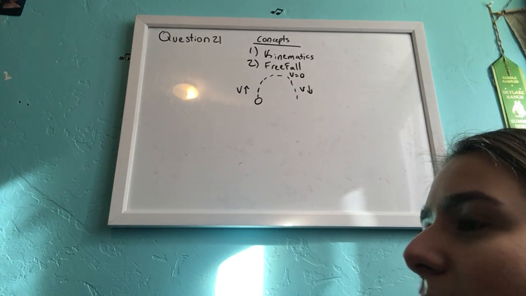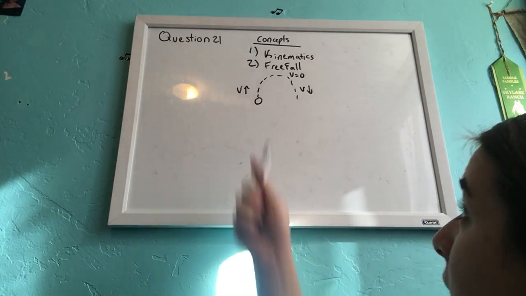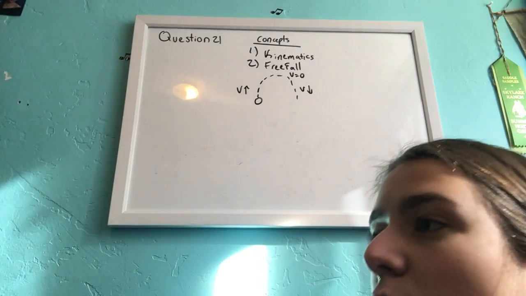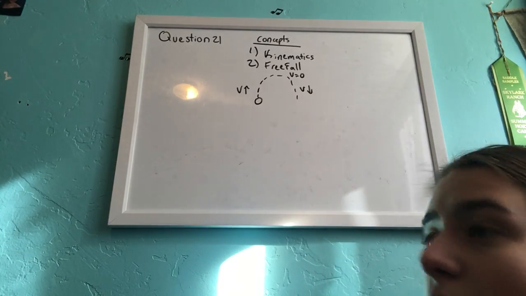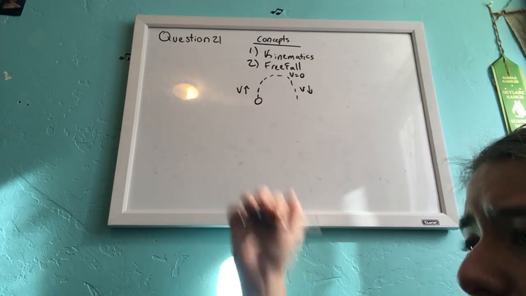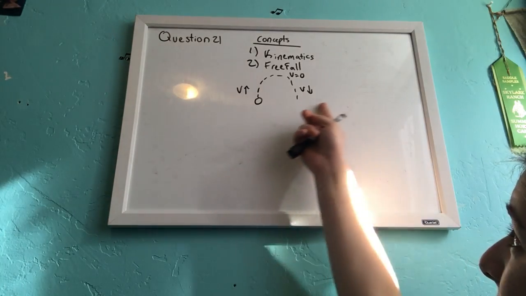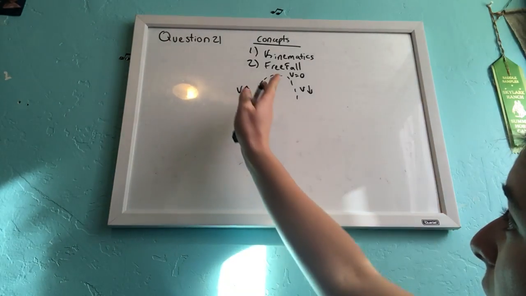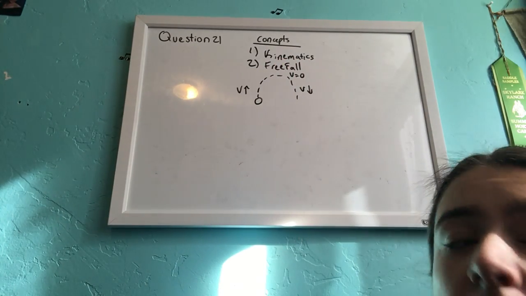When we're looking at movement in the x direction, or horizontal movement, at the top there will only be velocity in the x direction, not in the y direction. And movement in the x direction will stay the same throughout. Only the movement in the y direction will change.